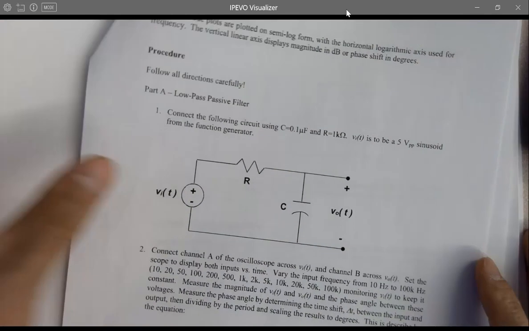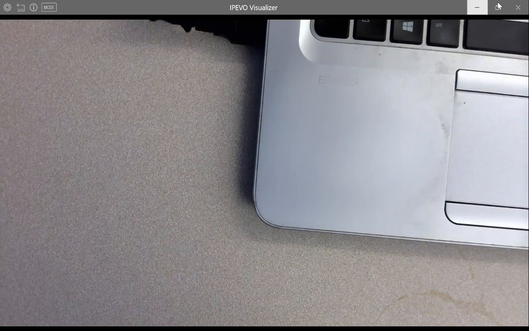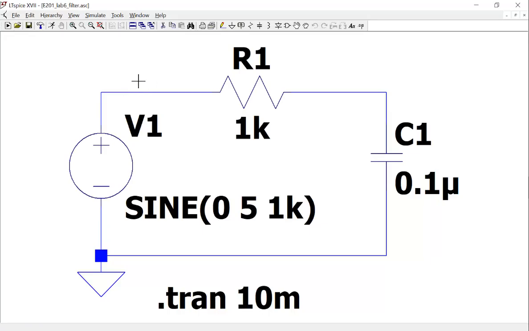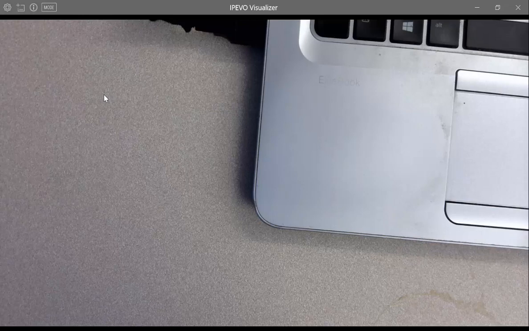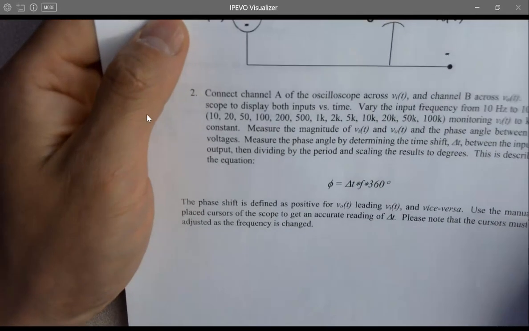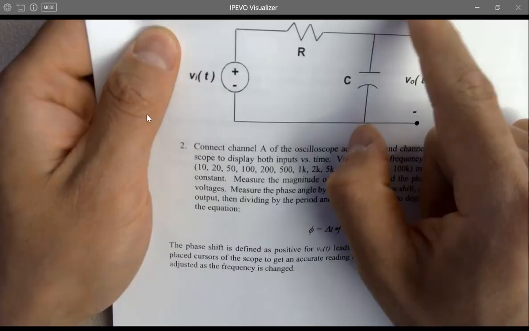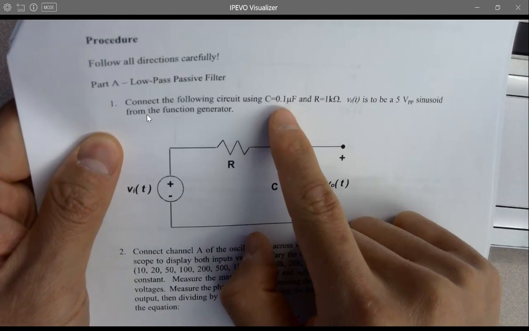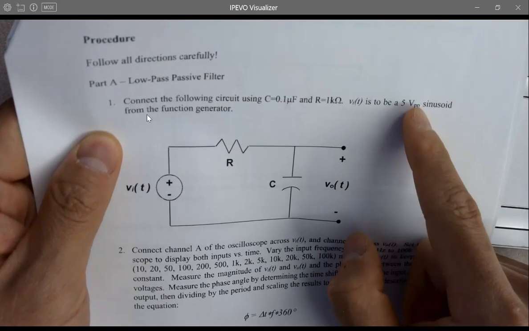For the first one, let's run the simulation first, okay? More fun here. Calculations are so boring. Are these the values I'm going to use in the lab? 1K ohms, 0.1 microfarads, and 5 volts VPP.